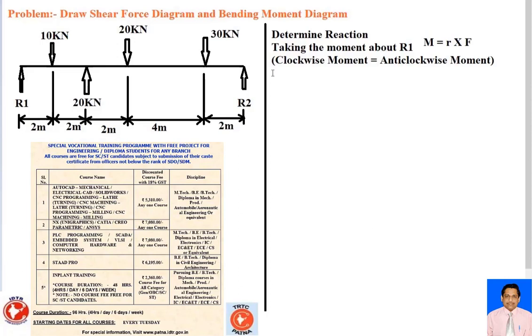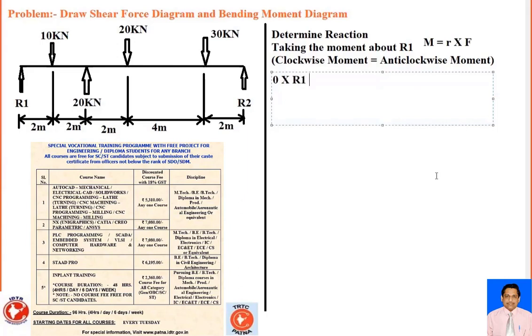So now, 0 multiplied by R1, then plus 2 meter multiplied by minus 10 kilonewton, then again plus, 4 meter total distance from R1, multiplied by 20.